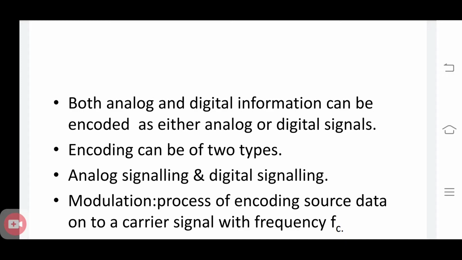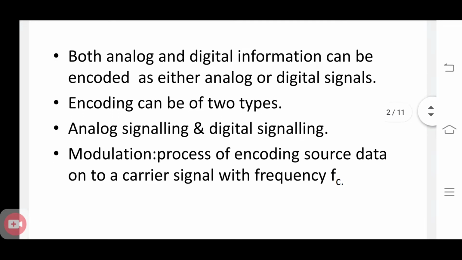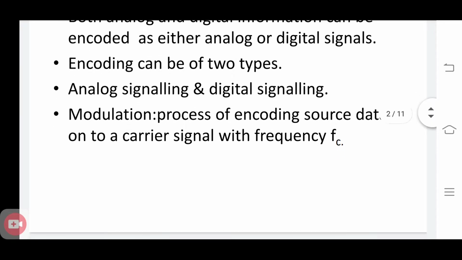That means we combine the original source data along with a carrier signal. That process is known as modulation. Clear? So there are two types of encoding techniques, analog signaling and digital signaling. Also, we discussed modulation.